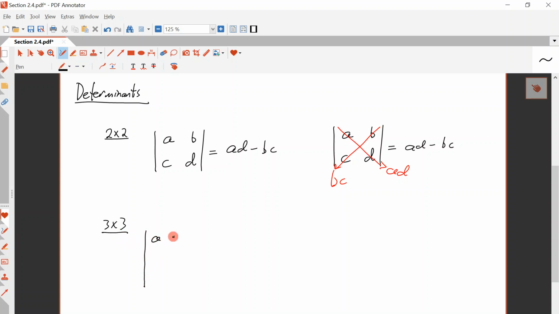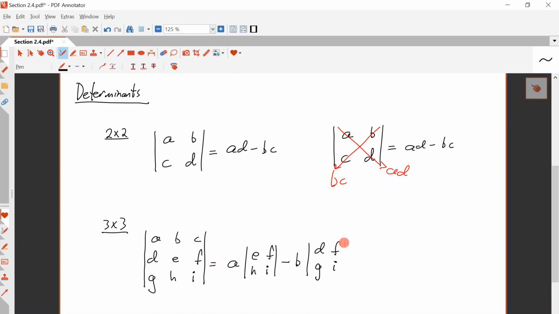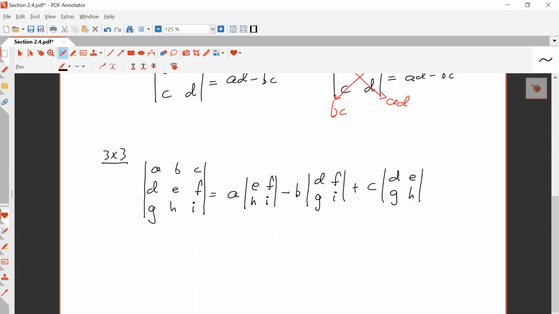You have a 3 by 3 array A, B, C, D, E, F, G, H, I. This is equal to A times the determinant E, F, H, I, minus B times D, F, G, I, plus C times D, E, G, H. And I'll show you a way to remember that.